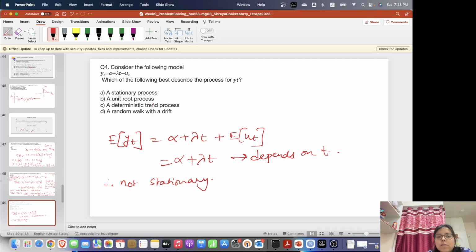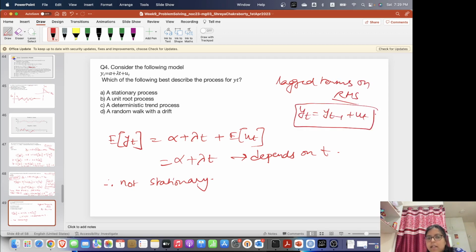Is it a unit root process or a random walk with a drift? No. Why? Because in both scenarios we would have lagged terms on the RHS. So in case of random walk, what do we have? yt equal to yt minus 1 plus ut, something like this. In case of unit root also.